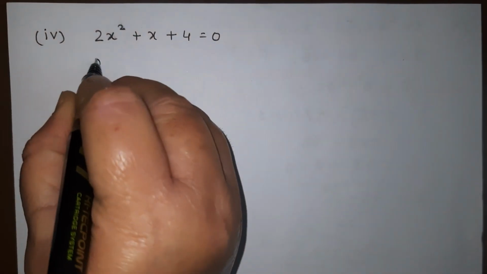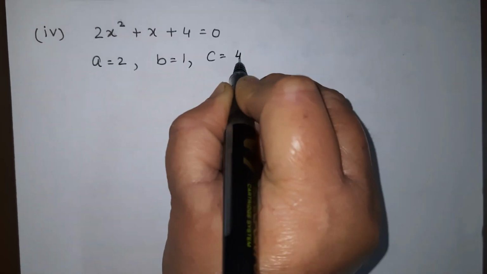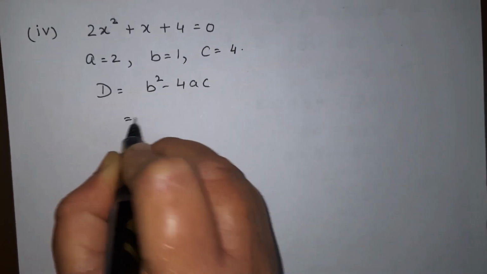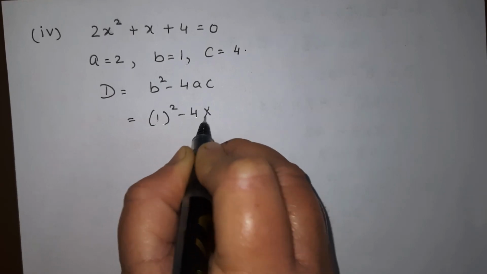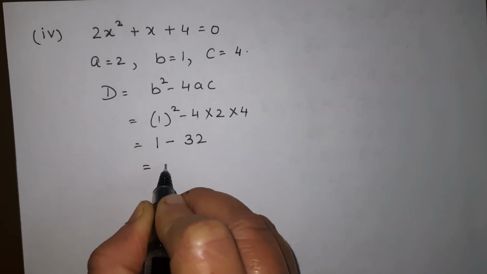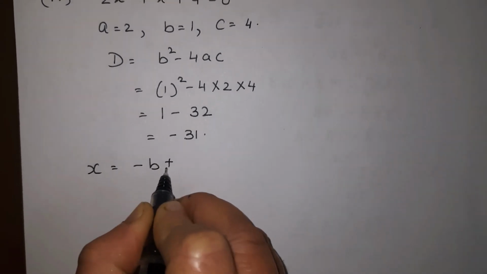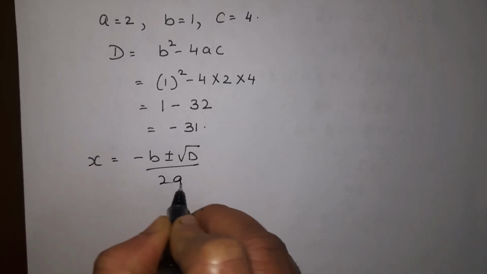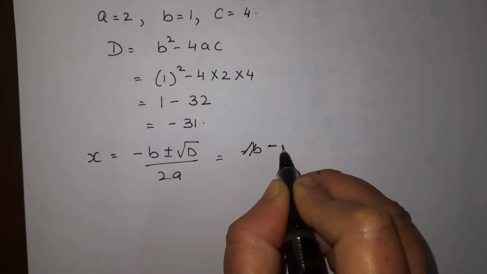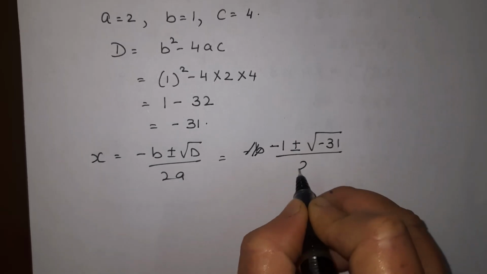Now the fourth part. Here a is 2, b is 1 and c is 4. D is b square minus 4ac, so this is 1 square minus 4 into 2 into 4. So 1 minus 32, which is minus 31. Now if I use the quadratic formula, it will be minus b, that is, minus 1 plus minus root of minus 31 over 2 into 2.